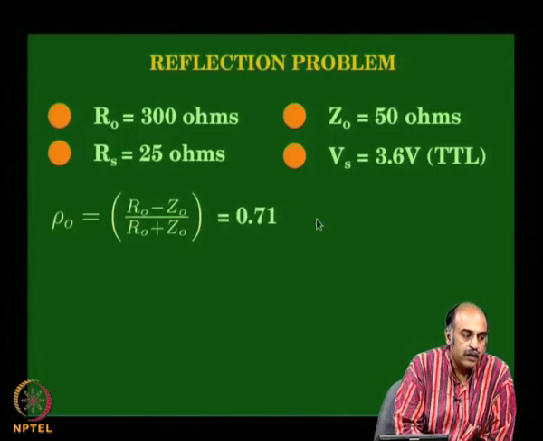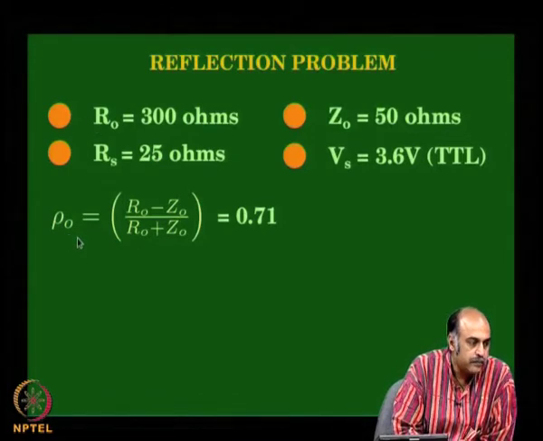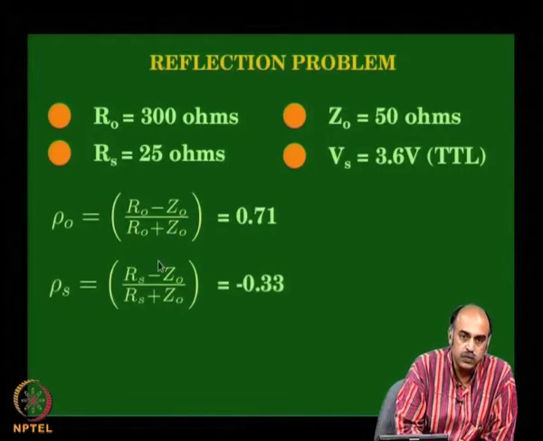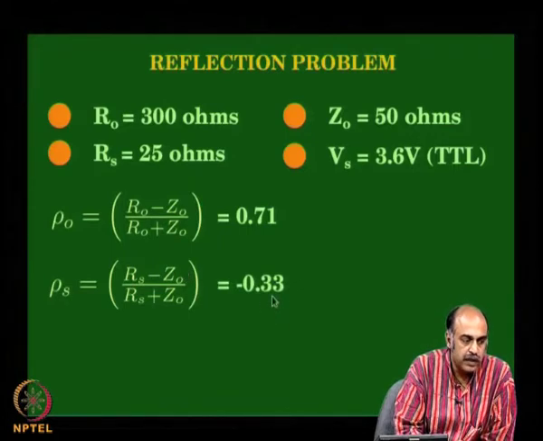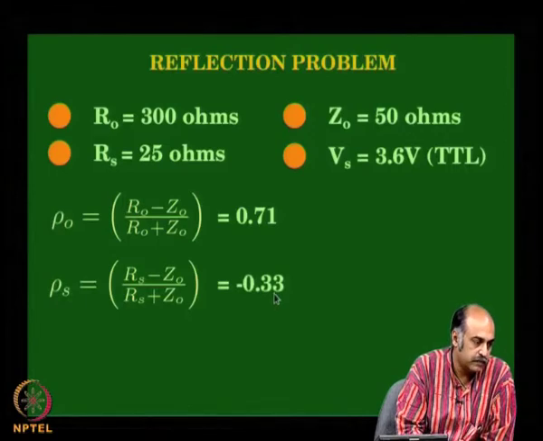And if you use these values and calculate the reflection coefficient on the output side, you will get the reflection coefficient to be 0.71 for these values. And on the source side, R s being less than Z naught, you will get a negative value, minus 0.33, as the reflection coefficient.